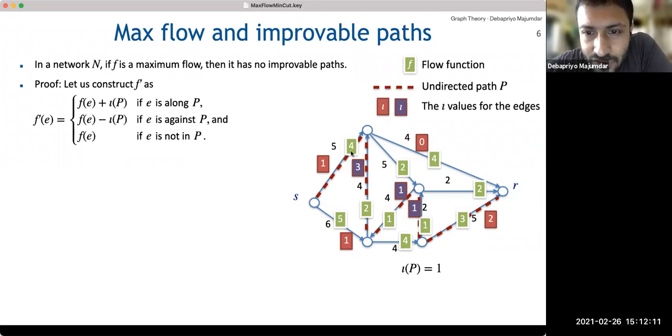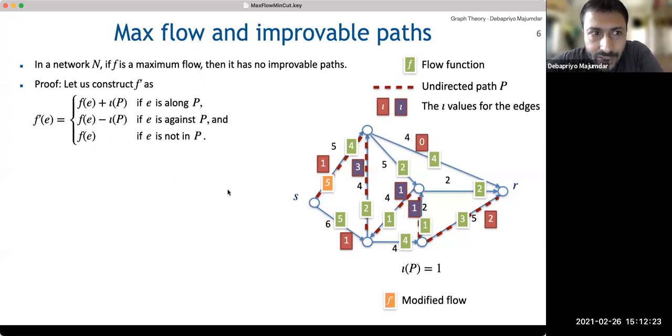So for example, for this one, the modified flow should be, I already have flow 4, the improvement is 1, so my flow will be 5. F prime will be 5. For this one, I already have flow 2. Oh, again, this 3 should have been a 2 here, I'm sorry.